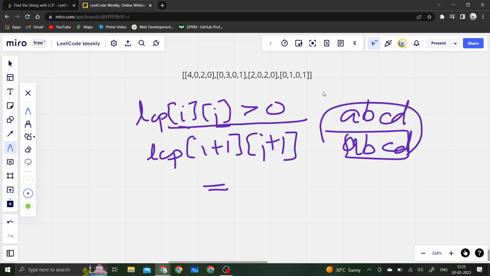For example, if you see for 0th and 0th position, this is same. This is the same string, right?